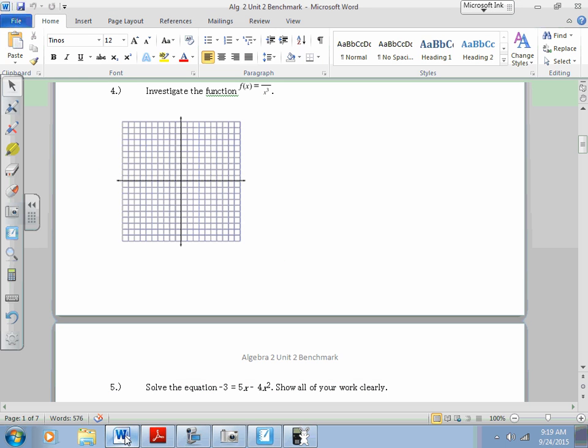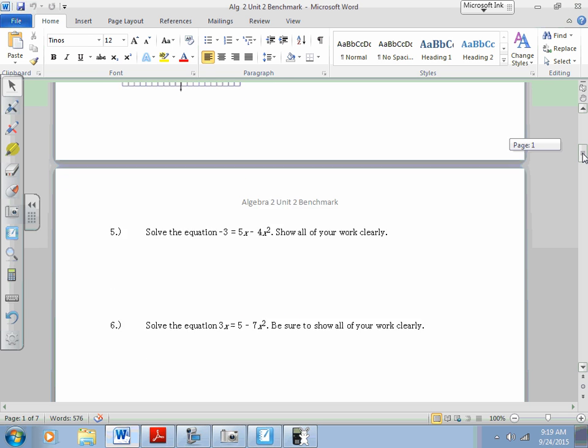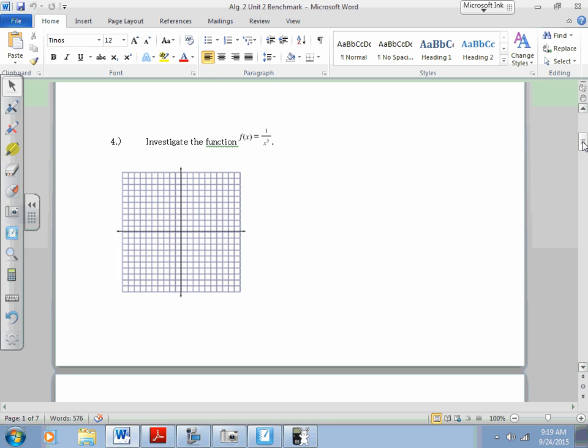I want to get to this part right here. Does everybody have this handout? Can you guys do me a favor? Can you type in that equation that says f of x equals 1 over x to the third?